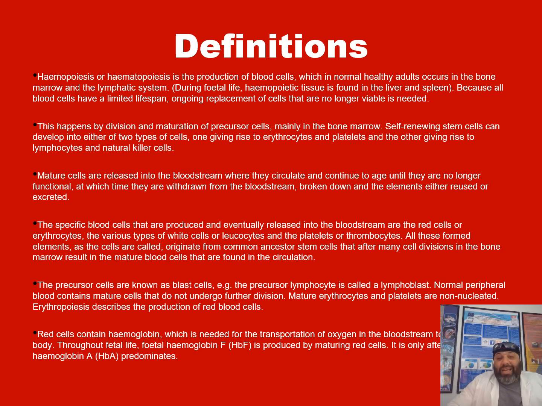Self-renewing stem cells can develop into either of two types of cells, one giving rise to red cells, also known from a hematological standpoint as erythrocytes, and platelets. And platelets are those cells that are important for blood clotting. The other gives rise to lymphocytes and natural killer cells.